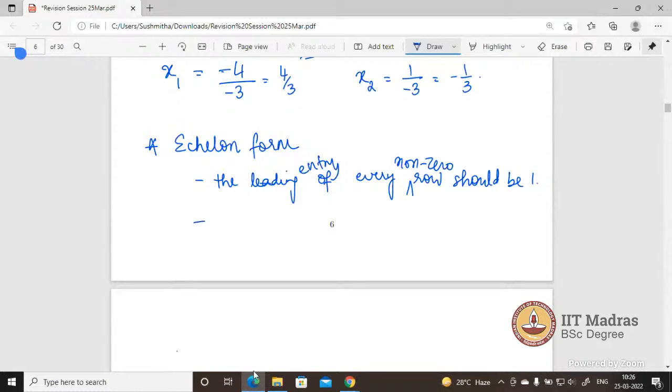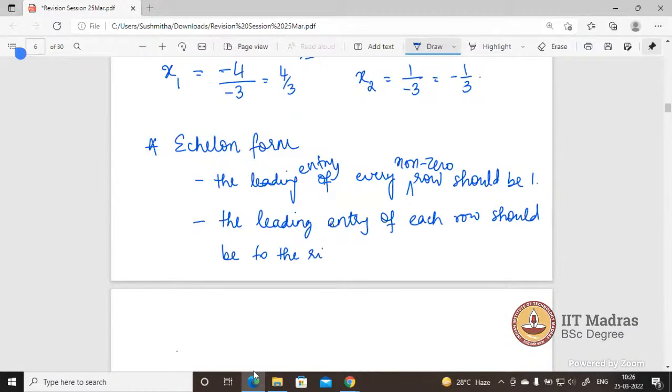And then the second condition, what was the second condition? Every leading entry in the next row should be to the right of the leading entry of the previous row, and all the elements below that leading entry should be 0. Yeah, that is what the second condition says.